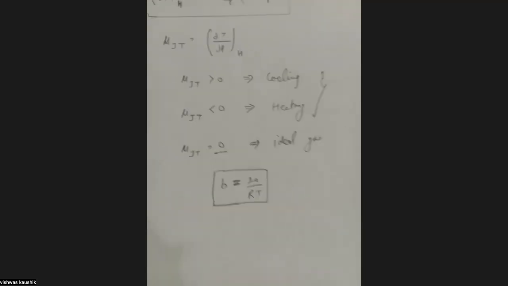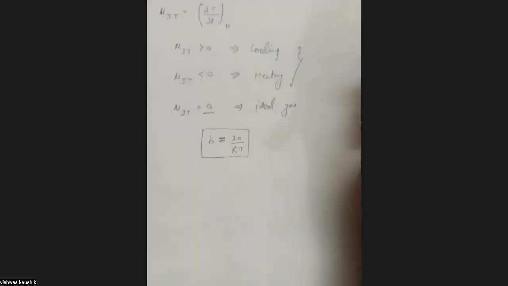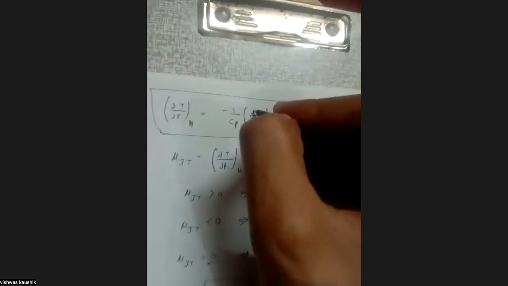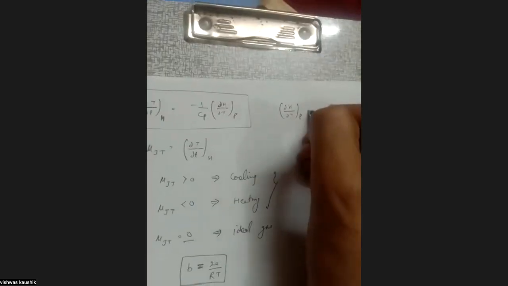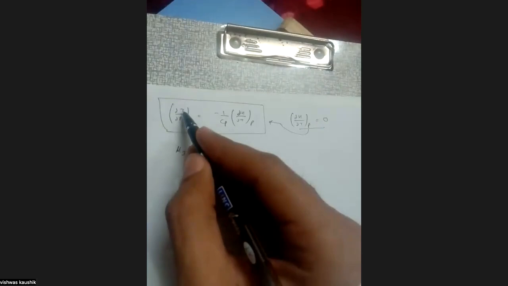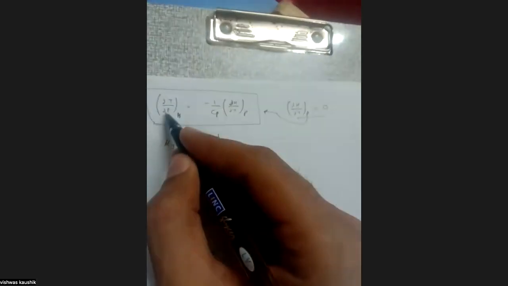For a real gas, mu JT is positive. Why? If we talk in terms of mathematical expression, for a real gas the value of (∂H/∂T) at constant pressure will be less than 0.